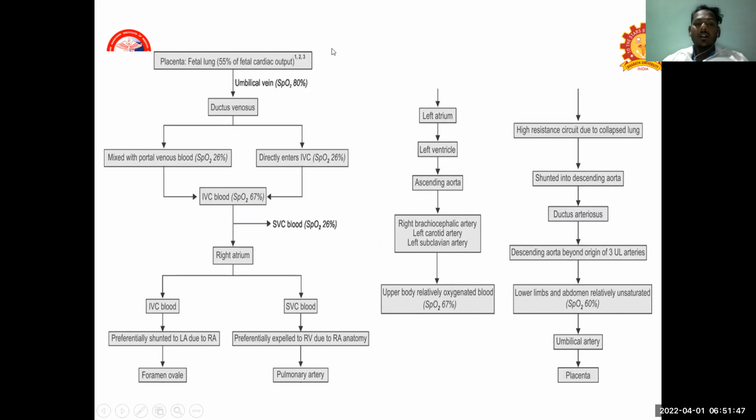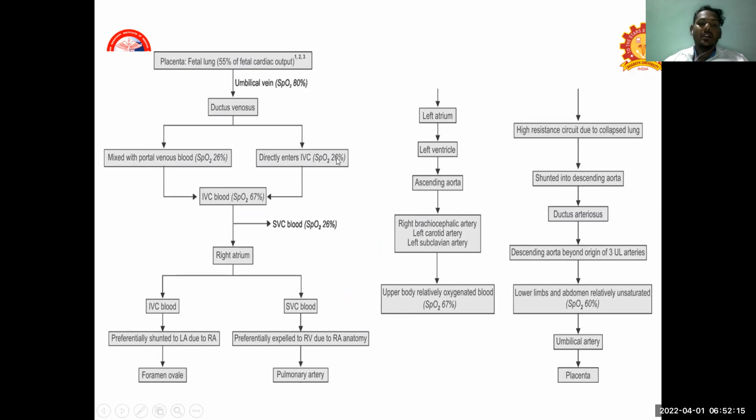In summary, the placenta is called a fetal lung, which has 55% of fetal cardiac output. From there, the blood is carried by umbilical vein. Saturation is 80%. Through ductus venosus, it enters into IVC directly.